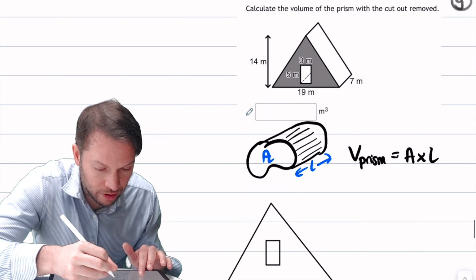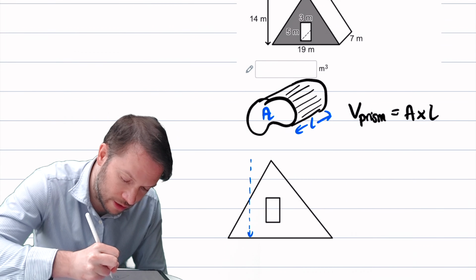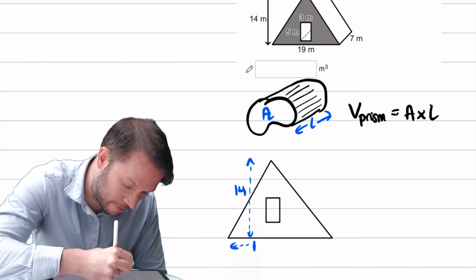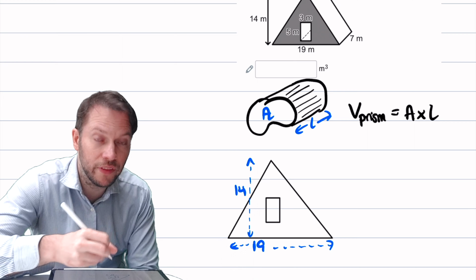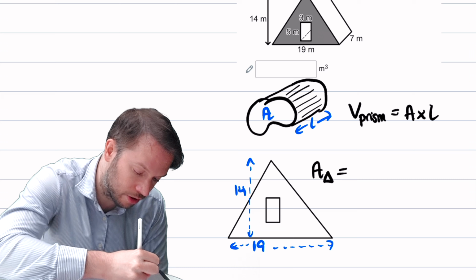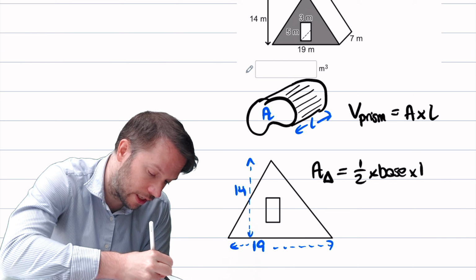So with the triangle, you can see that the perpendicular height, the vertical height here is 14, and the base is 19. And how do we find the area of a triangle? Well, the area of a triangle is equal to half times the base times by the height.